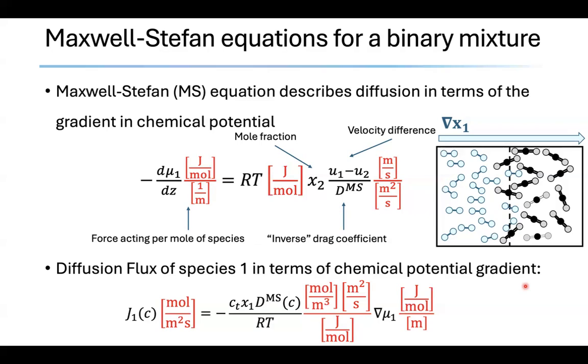Now, the gradient in chemical potential can be written as the derivative of the chemical potential, which is dmu1 over dz, where z is the distance in space. Here we are considering a single coordinate or a single direction. The units of the chemical potential are joules per mole because we are looking at 1 mole of component 1.